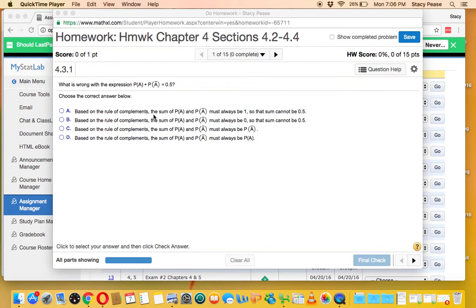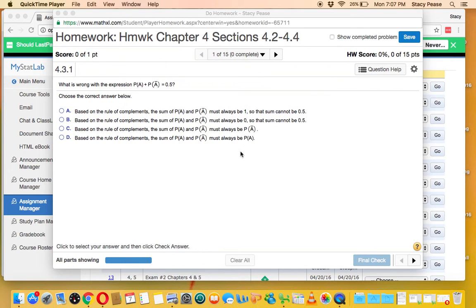Based on the rule of complements, the sum of P(A) and P(not A) must always equal 1, so that sum cannot be 0, or be 0.5. Yes, that's what we just said. Let's look at the others. Here it's telling us that the sum must be 0. We just said that that is not the case. The sum must be 1, so we can rule out this answer.